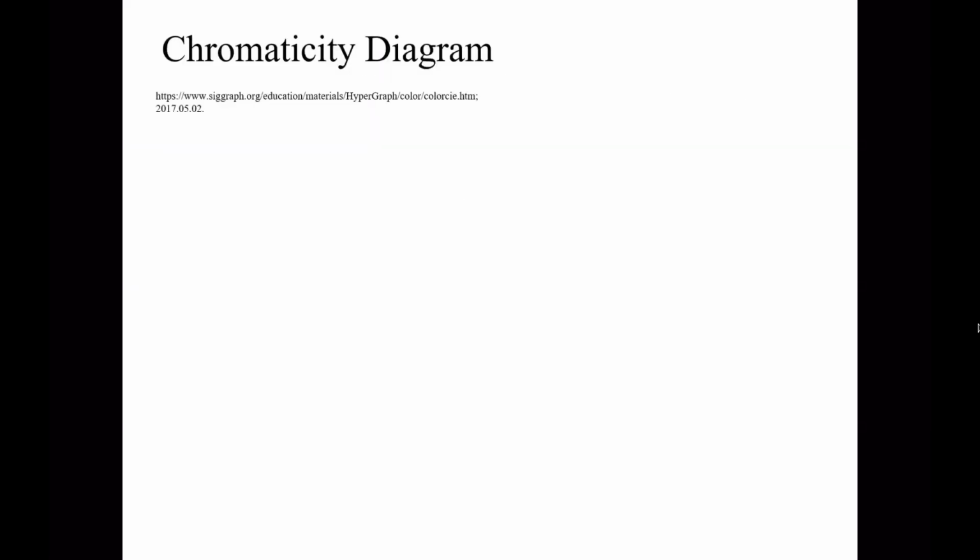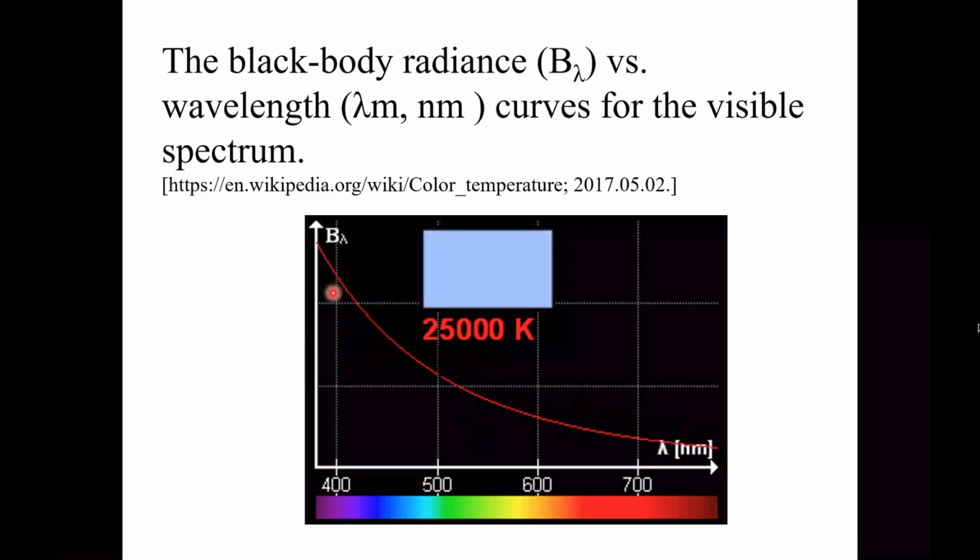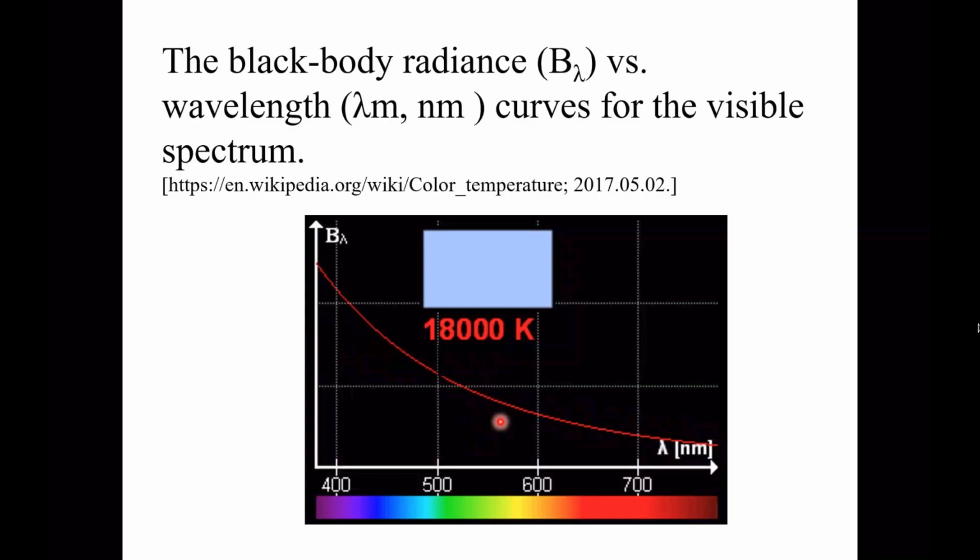Okay. So next, because the colors are connected to the temperature, we can provide different colors. Actually, from this diagram, from this example, we see that the colors can be changed. When the colors are changed, you see, we have different spectra here.